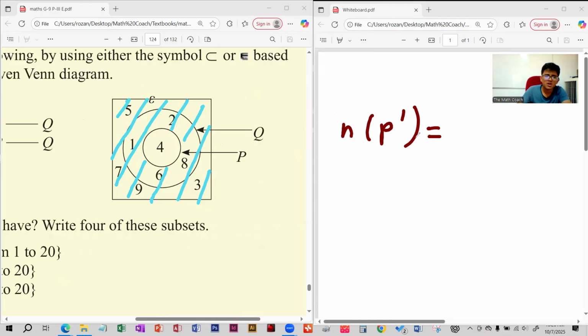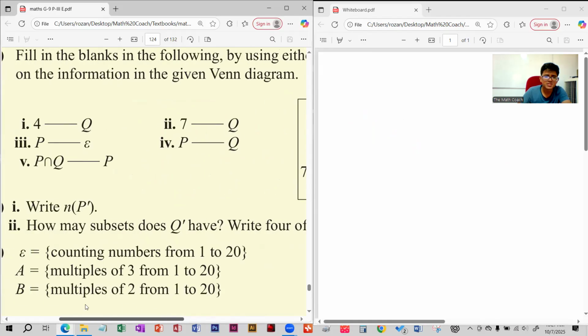Let's see, we have one, two, three, four, five, six, seven, eight. Yep, we have eight numbers here. Nice. What about the next one?